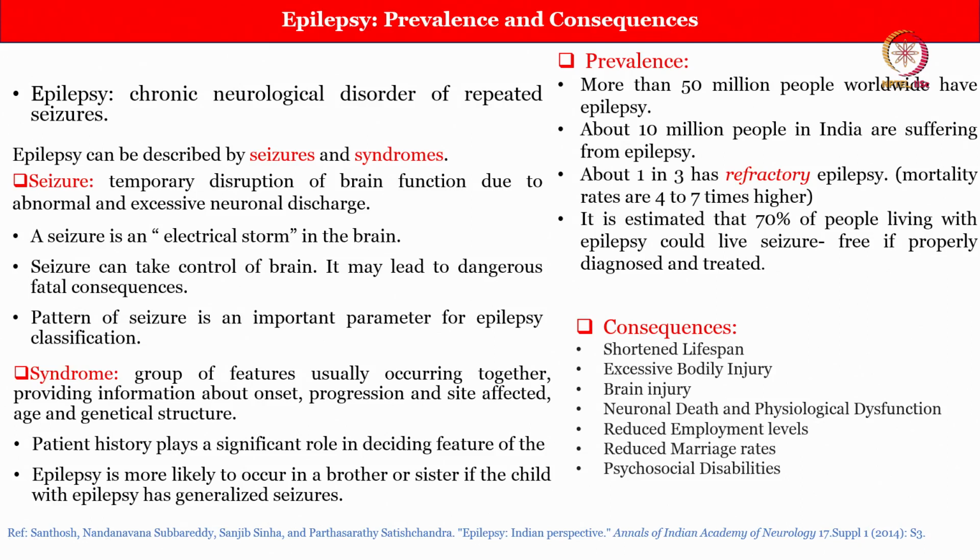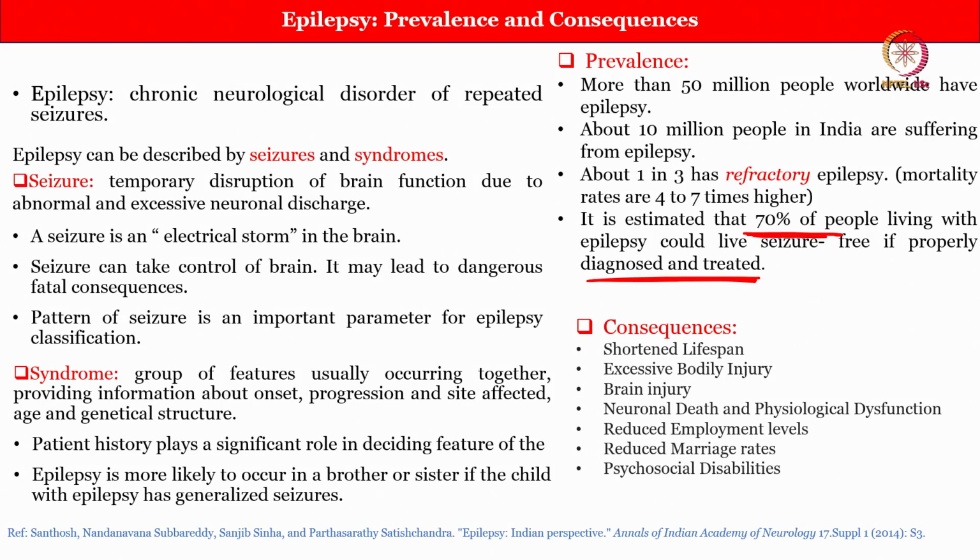Next, about 1 in 3 has refractory epilepsy, which means the mortality rates are 4 to 7 times higher. It is estimated that 70% of the people living with epilepsy could live seizure free if properly diagnosed and treated. This is a very important thing, right. 70% of the people can be treated effectively.